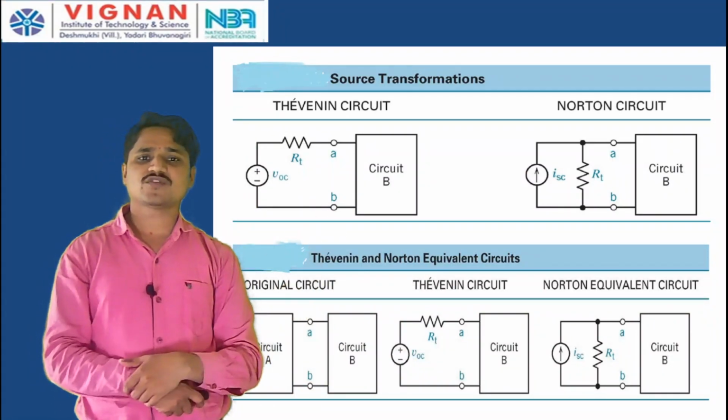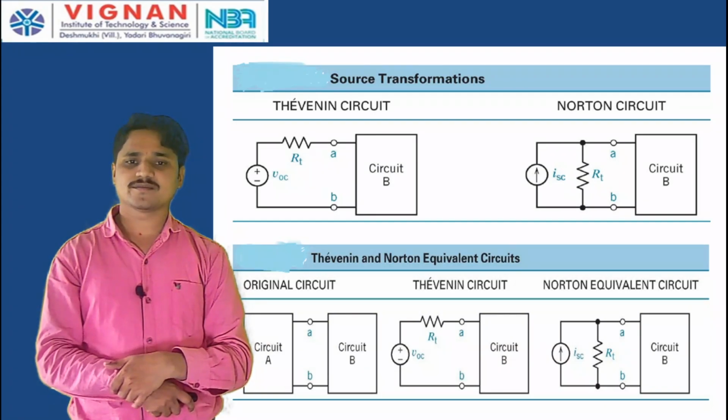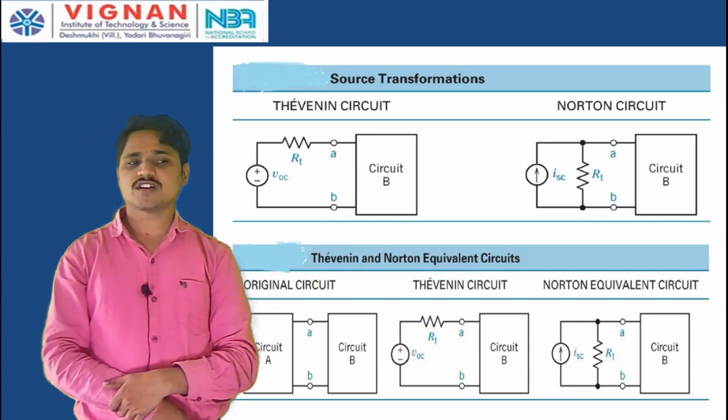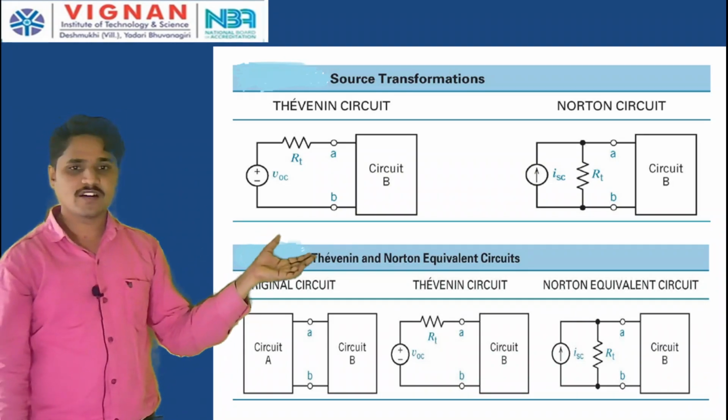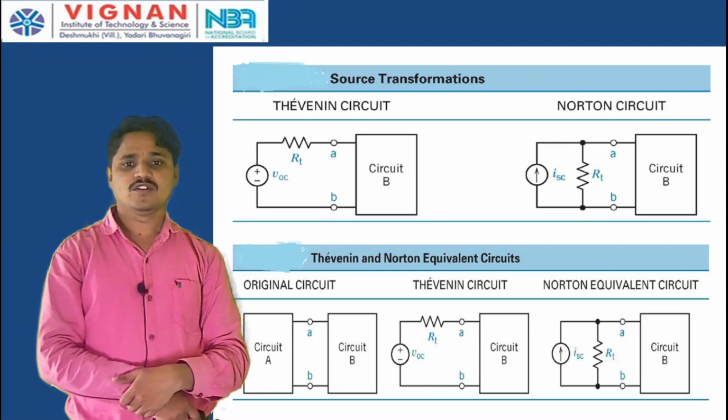Therefore, voltage source to current source and current source to voltage source transformation networks are duals of each other. Now, Thevenin circuit and Norton circuits are duals of each other. So, see here, circuit A and circuit B, the original circuit.